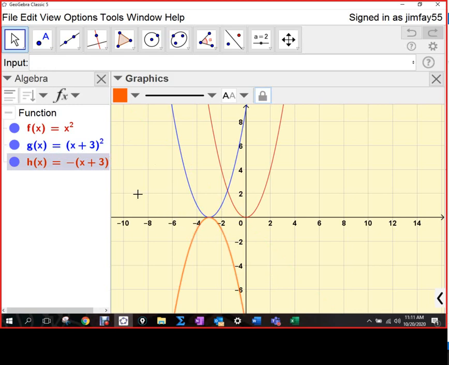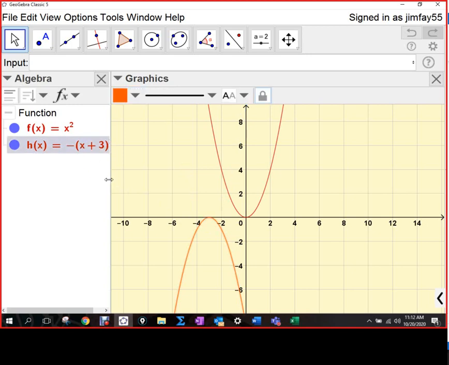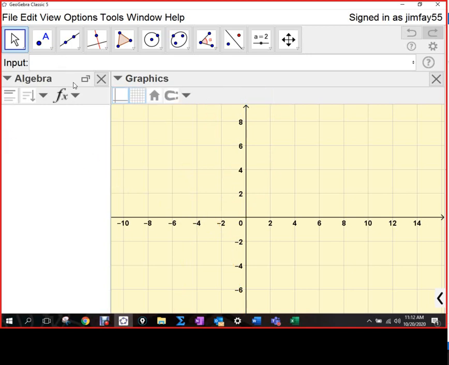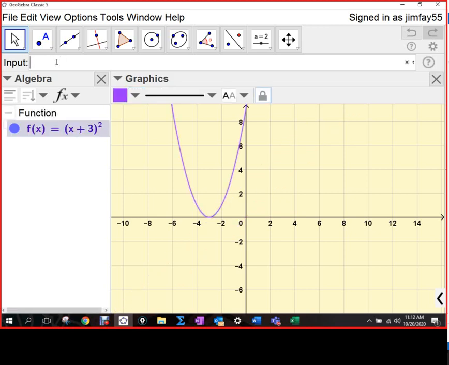So that's nice, but let's talk about what happens when we take our x plus 3 squared, which was that graph right there. And if I put a negative in front of it, it would look like that. Putting a negative in front of it reflects it over the x-axis, right?